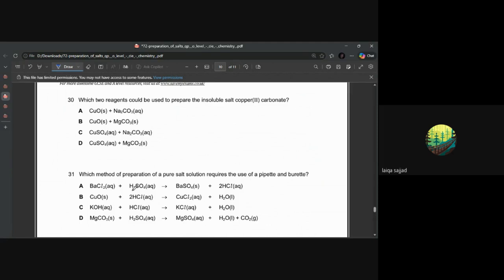So which of these is the correct option? In option A, we have sodium carbonate. Which one is it? Option C, very good.